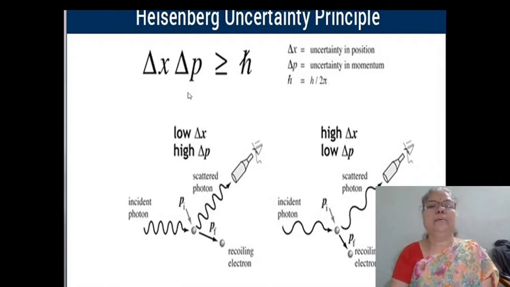This equation states that if delta x is low, that means if we are more precise in the determination of position, we are more uncertain in the determination of its momentum, and vice versa. This is Heisenberg's uncertainty principle.